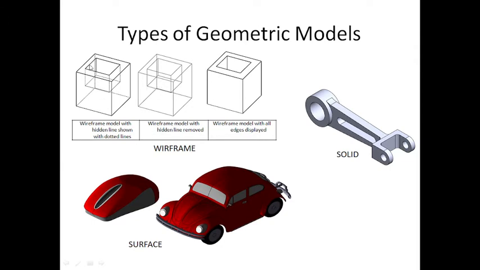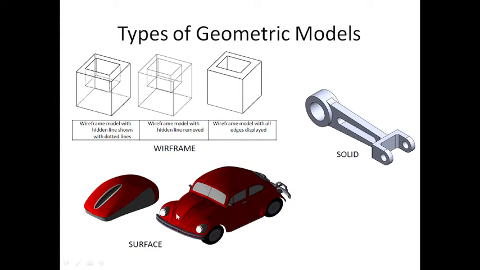One is where you show the hidden lines with dotted lines. Here you are showing the hidden lines with thick lines. And the third one is the wireframe model where the hidden lines are not displayed. All these three kinds of variants are available in your CAD software.